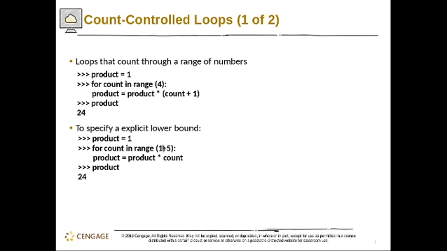Now, we can define a lower bound for our values. For example, for count in the range of 1 to 5, the lower bound is 1 and the upper bound is 5. This is similar to repeating the loop 4 times.